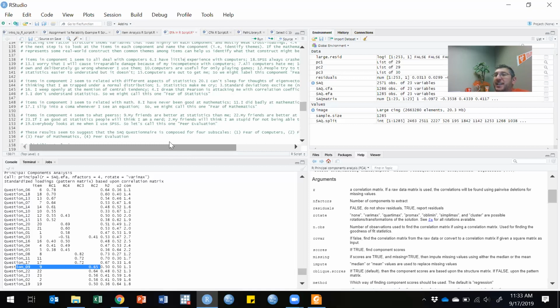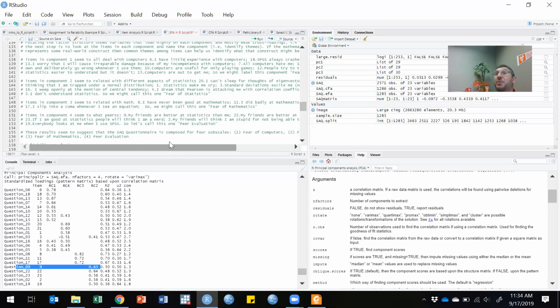If our instrument was supposed to measure, say, one concept called SPSS anxiety, maybe we didn't do such a good job of measuring that. But maybe we designed this questionnaire to measure 4 different aspects of anxiety: anxiety over math, anxiety over using computers, anxiety over using statistics, and anxiety over what your peers might think of you.